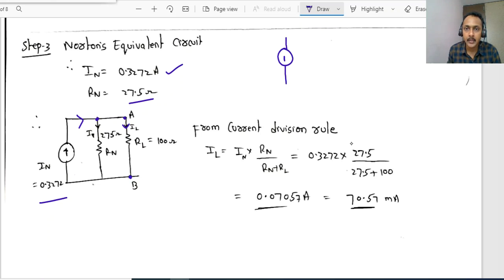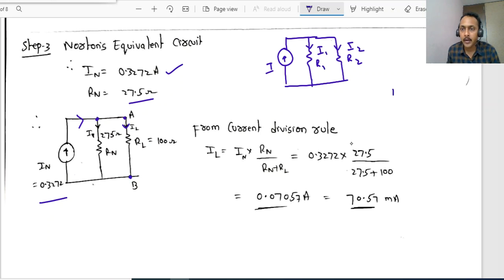If some total current I is entering like this, and there are two resistors in parallel, R1 and R2, and the current flowing in R1 is I1, the current flowing in R2 is I2. Now what does the current division rule say? I1 equals total current into opposite resistance.